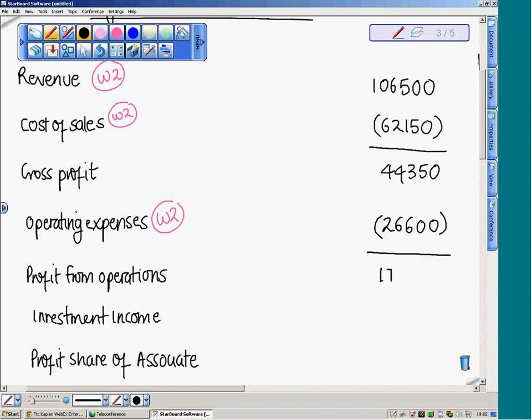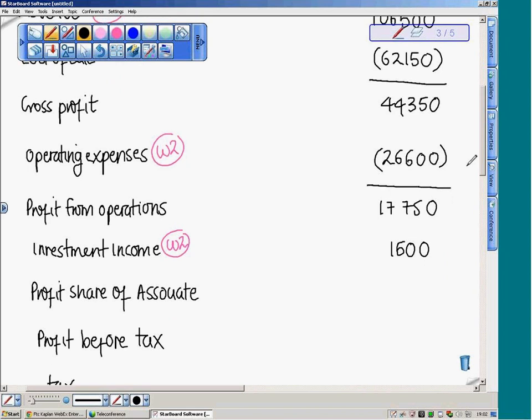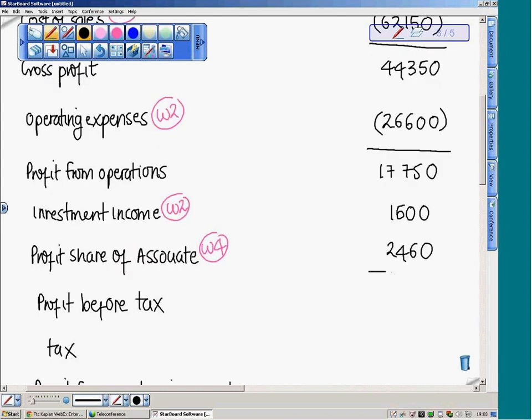Your profit from operations of 17750. Investment income reference back, 1,500. Profit of the associate, working 4, 2460. To get profit before tax of 21710.